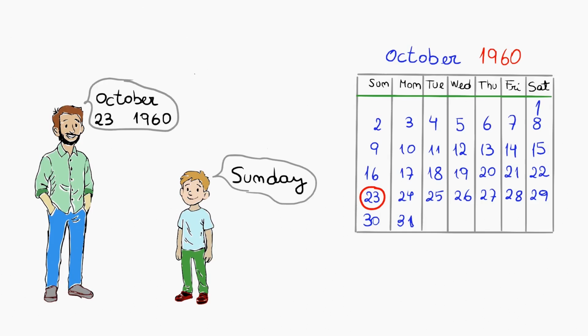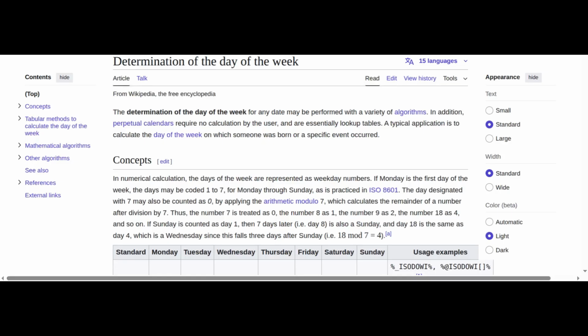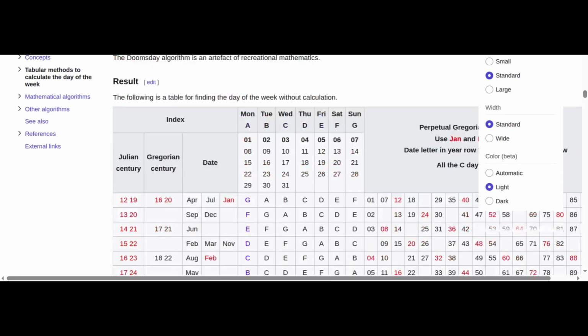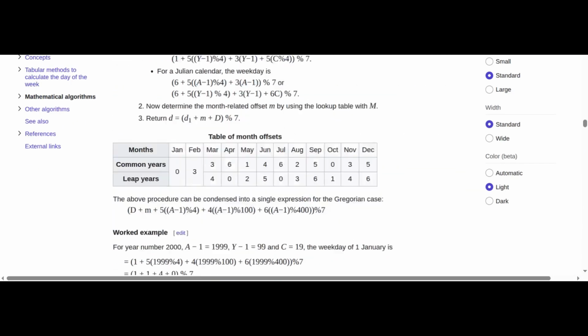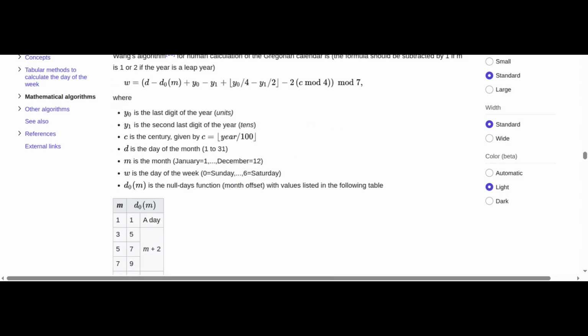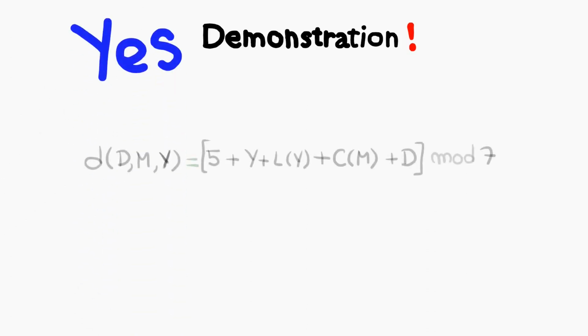Intrigued by how the child was able to do this, I searched the internet for methods or algorithms to obtain the day of the week for any date. I saw that there are several interesting ones, but I could not find any mathematical proof for any of them. In this video, we will demonstrate a mathematical formula that will allow us to obtain the day of the week for any date.